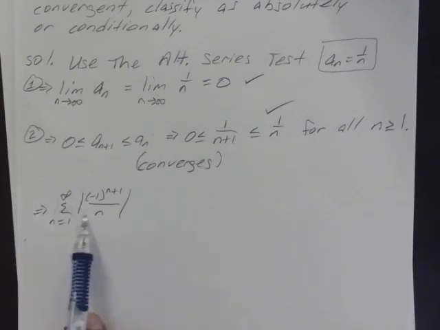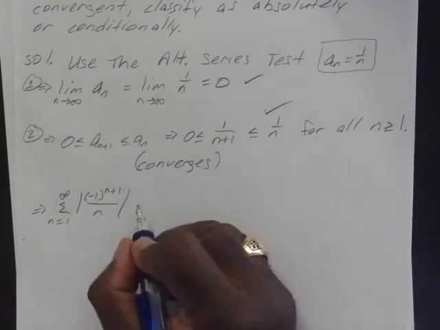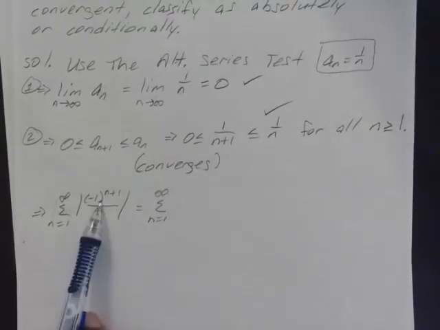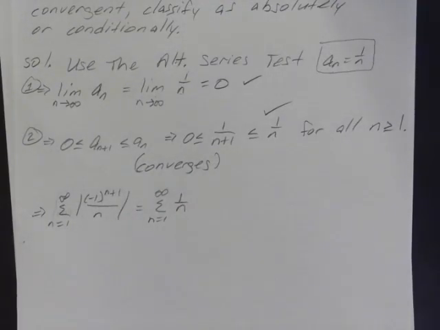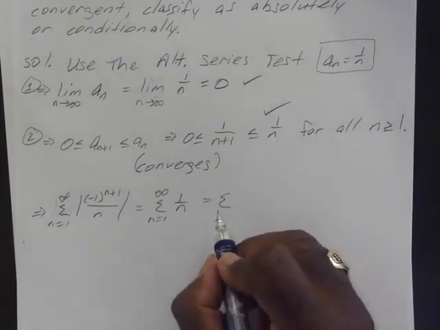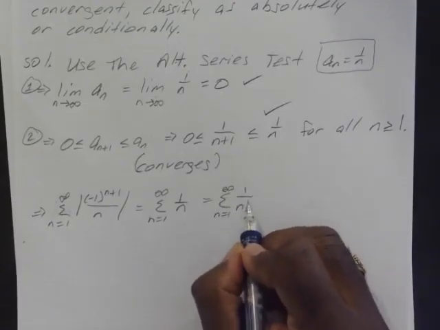And the reason it's the absolute value is because that negative 1 to the power of n plus 1 doesn't matter which one it is, it's always going to end up being positive. So that's just the sum from n equals 1 to infinity of 1 over n. Well, we could always rewrite that as the sum from n equals 1 to infinity of 1 over n to the first power.